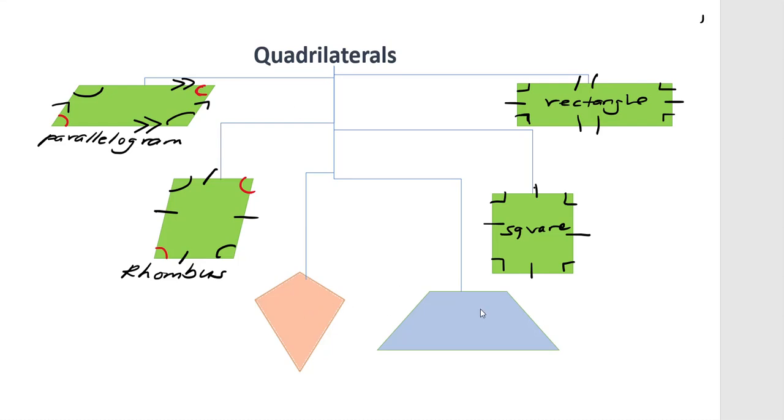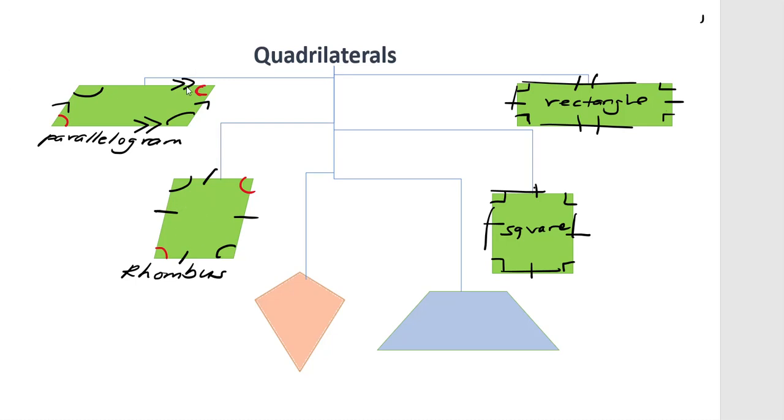Now, before I continue, if you're wondering why these 4 that we've just looked at are green, all the same color, it's because they are all types of parallelograms. So what I mean is all the opposite sides are parallel. So this line here and that line there, they're still parallel, they'll never meet, and the same with the width. The square, the sides are still parallel, just like a parallelogram, and the same with a rhombus.